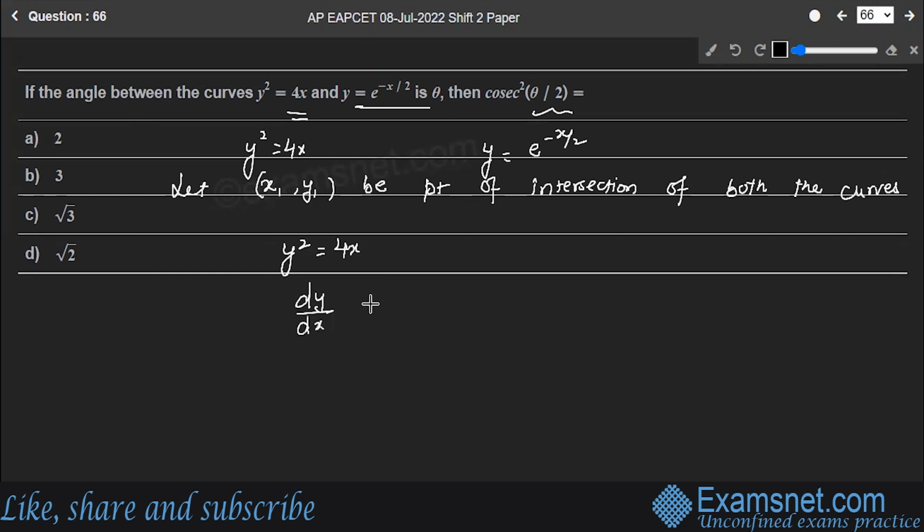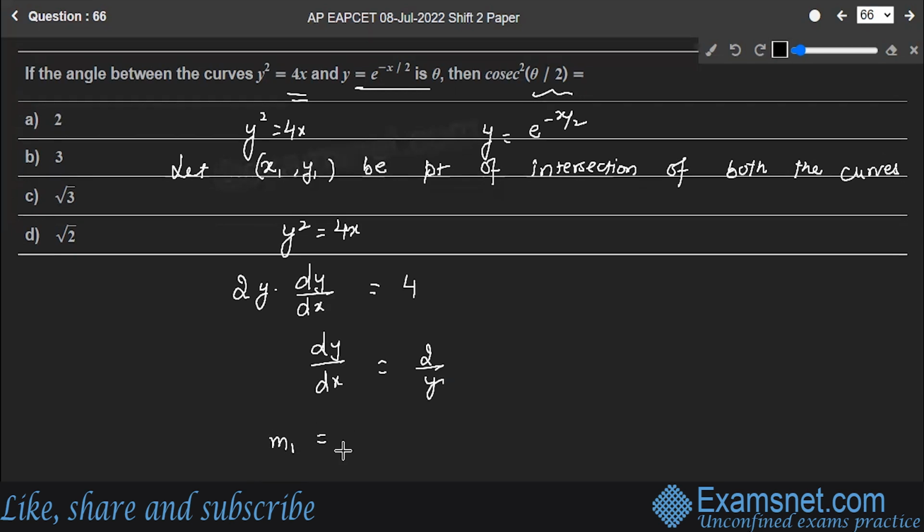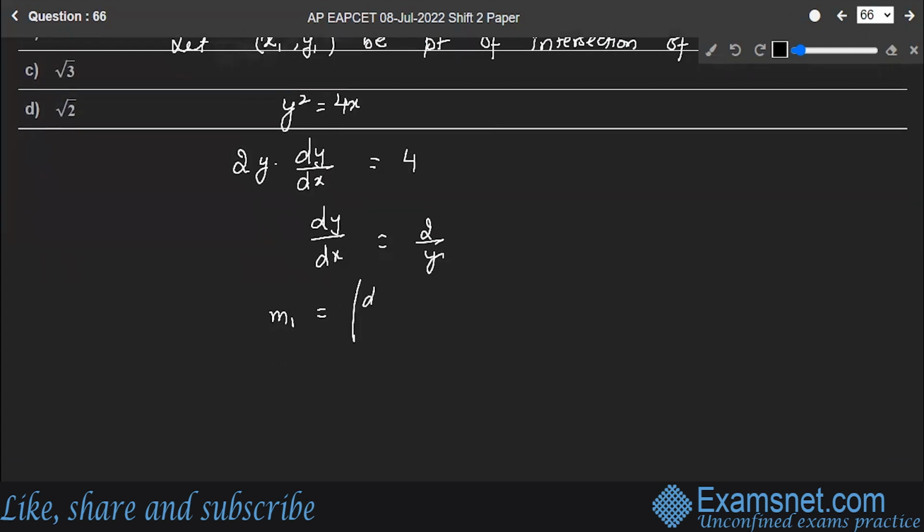So 2y dy by dx is equal to 4. You will have dy by dx is equal to 2 upon y. Now the first slope, m1, is equal to dy by dx at (x1, y1), which is equal to 2 upon y1.